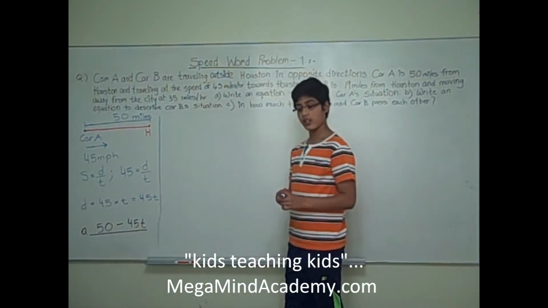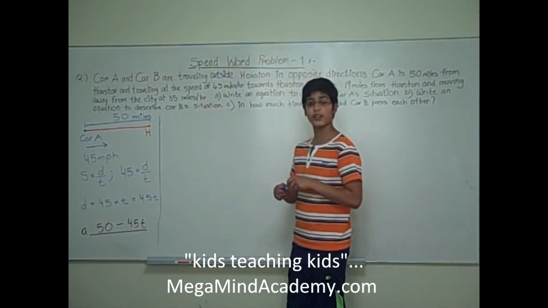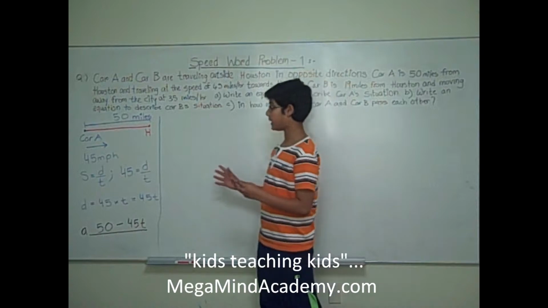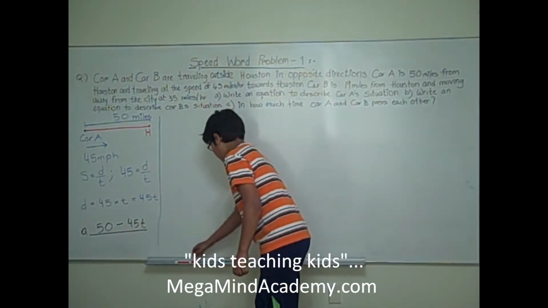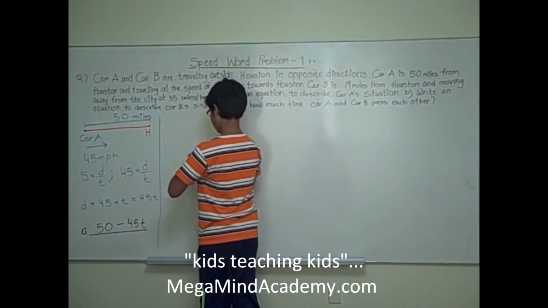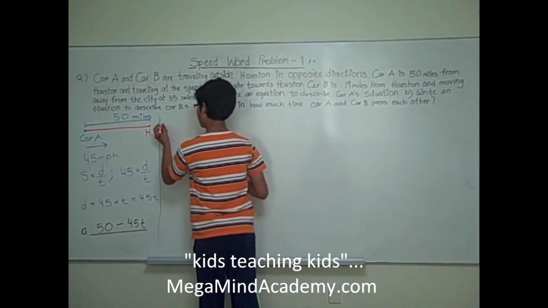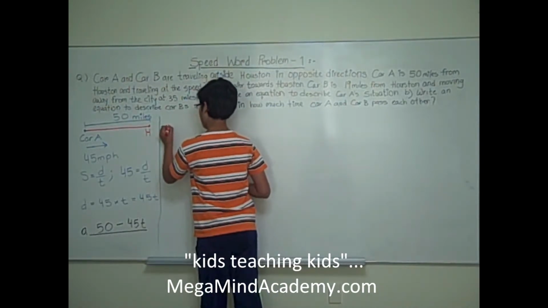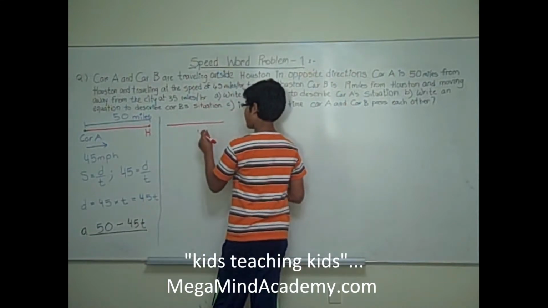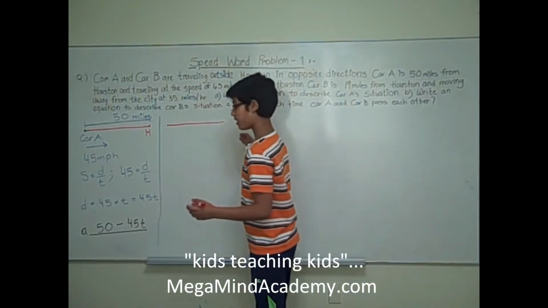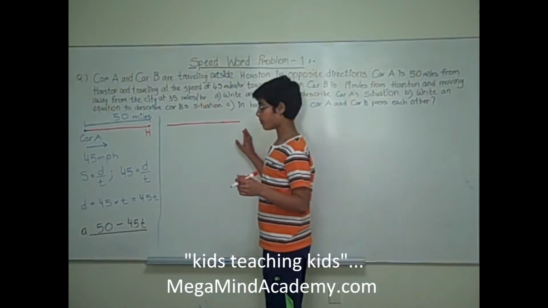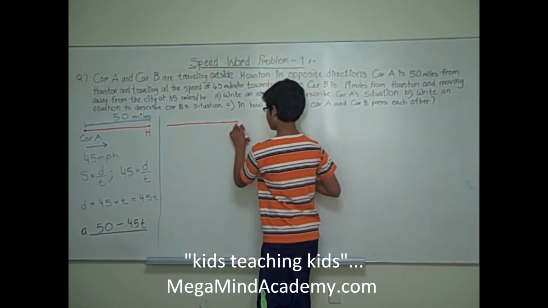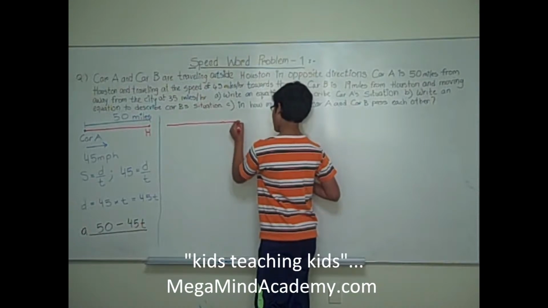Now let's draw another number line, or another road, which car B is on. This is the road. Let's make this road a bit longer. This is the road, and here is Houston. H for Houston.